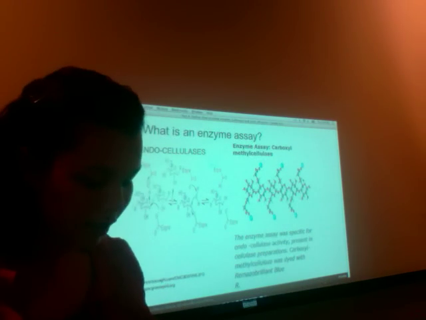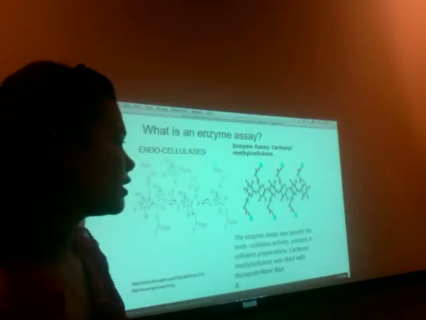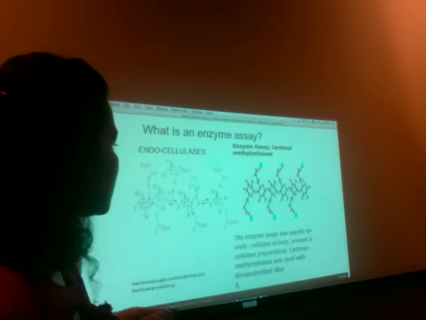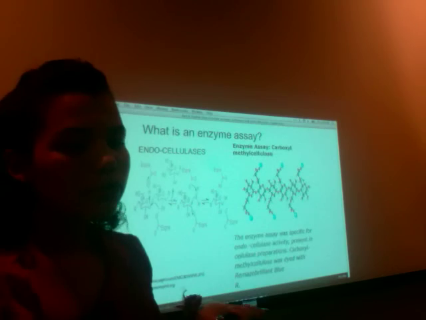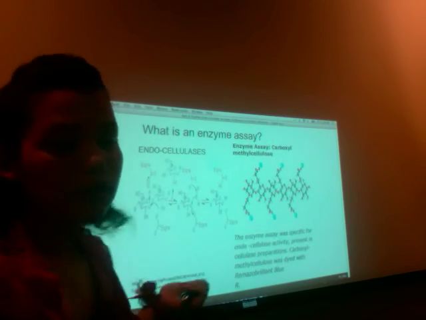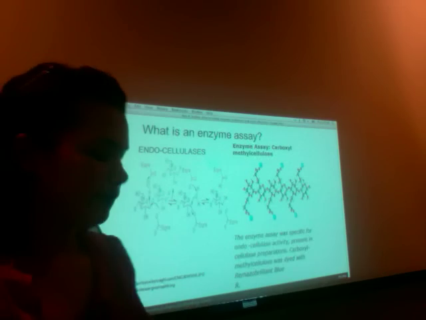Just like in school, we get tested to see if we're learning. An enzyme assay is a test we run on enzymes to see if they can degrade, in this case, cellulose in an efficient manner.